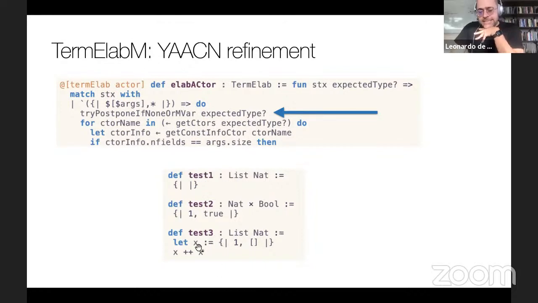Now this example looks simple, but a lot of stuff is happening here to be able to elaborate it. When we get to the let, we don't have the expected type. We are going to stop, create a meta variable, and tell the elaborator to try to elaborate later. Then we start elaborating this expression here.